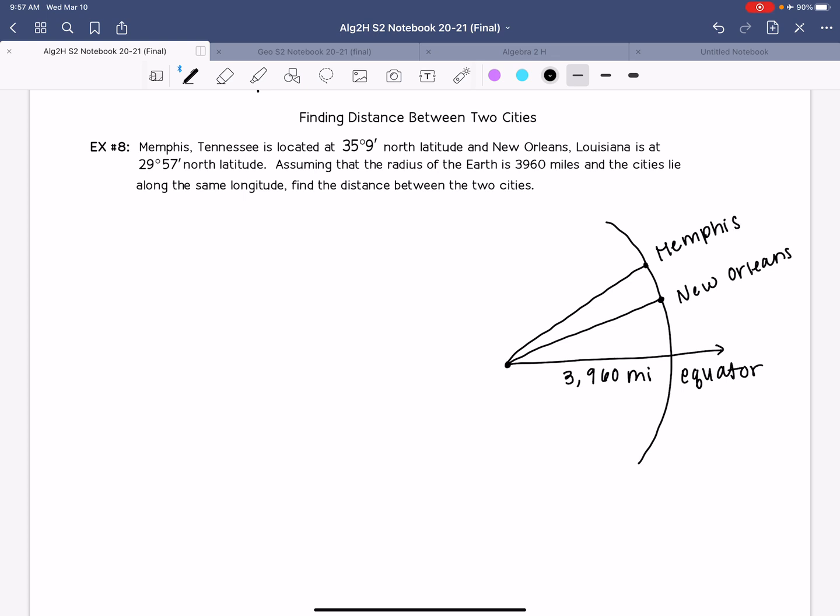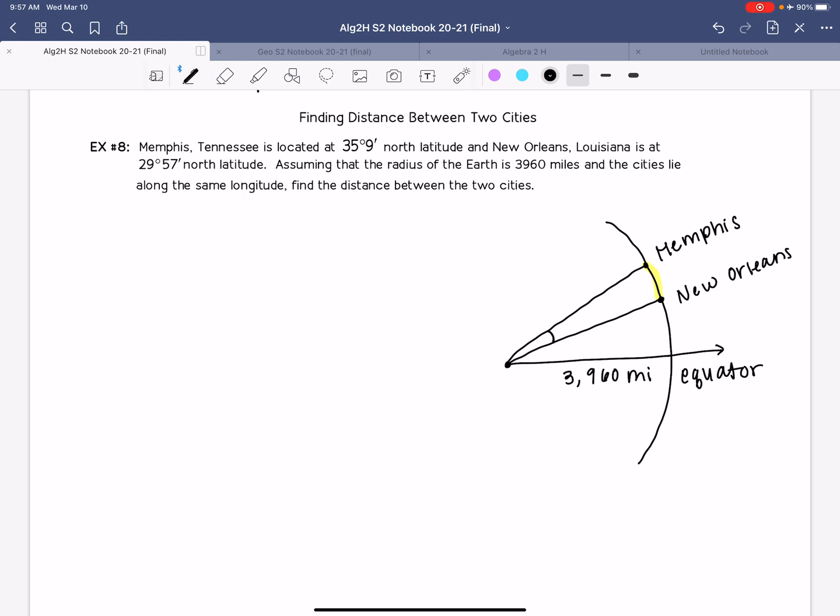Okay, and we're trying to figure out the distance between these two cities. So I'm trying to find this distance right here. In order for us to find that distance, we would need to find this angle measure.